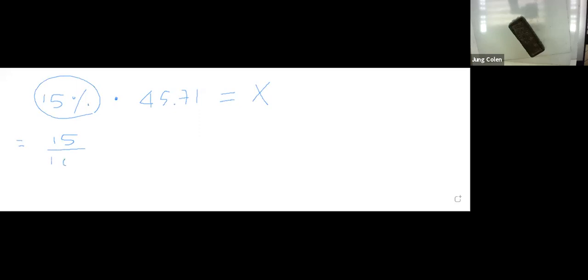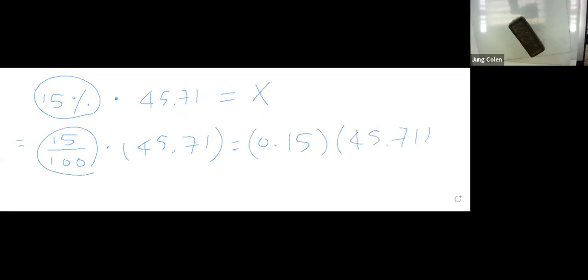Which is 15 over 100 times 45.71. So if you do that, what do you get? This is 0.15. 0.15 times 45.71, and you will get the answer of what?